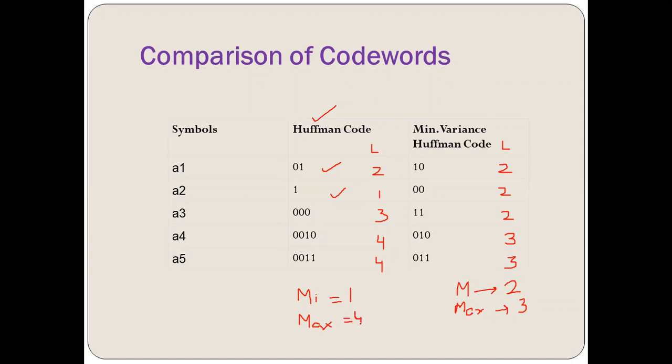So when I take out the difference, 3 minus 2, I get 1. So this is the variation between the length of the code. And here 4 minus 1, I get 3. So which one has the minimum variance? Obviously the minimum variance length. So this is what we achieve with the help of minimum variance Huffman code.